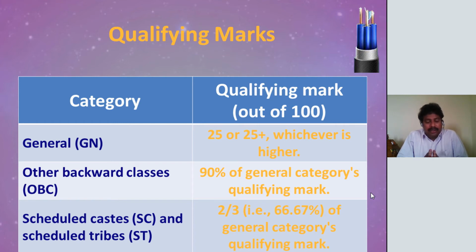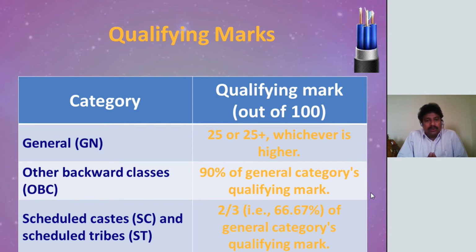Out of the 100 marks for which the examination is evaluated, the qualifying mark is 25 or 25 plus, whichever is higher. That means based upon the number of aspirants, these qualifying marks are going to change every year.